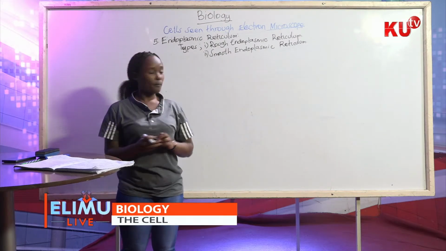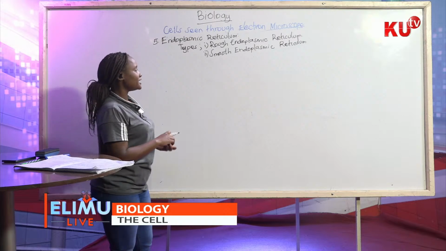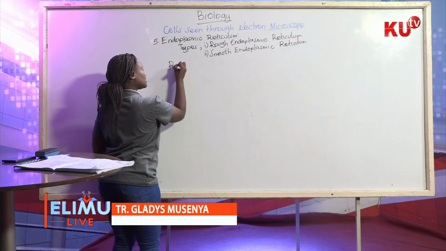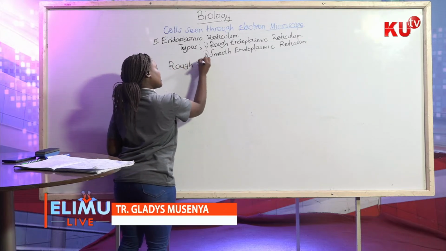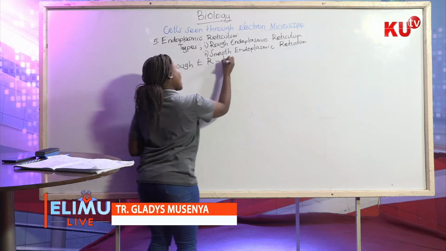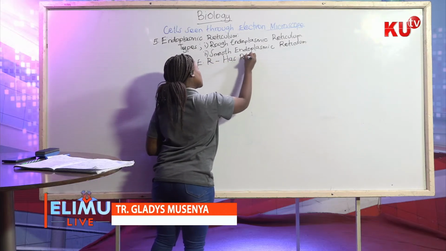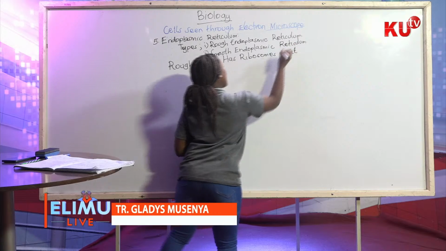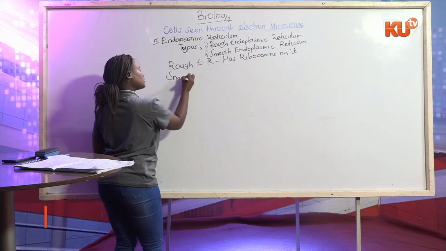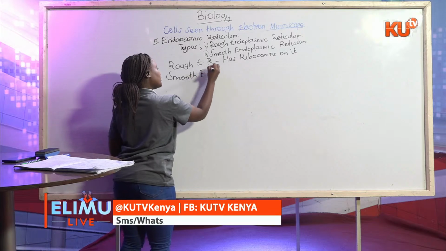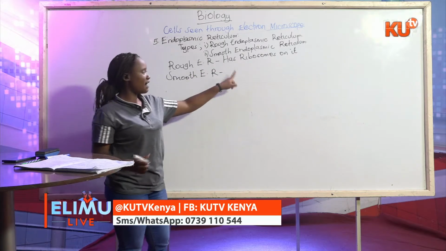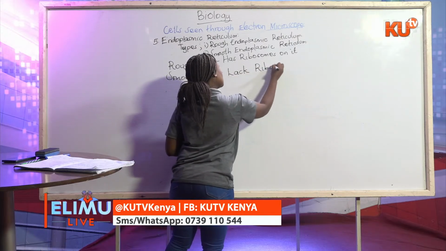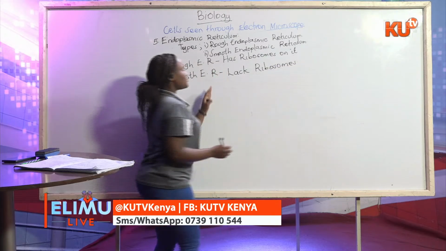In the rough endoplasmic reticulum, it has ribosomes on it, while the smooth endoplasmic reticulum does not have ribosomes, it lacks ribosomes, which makes it smooth.